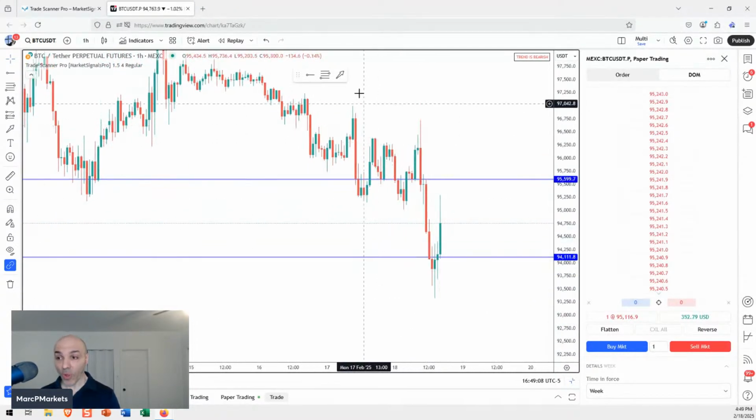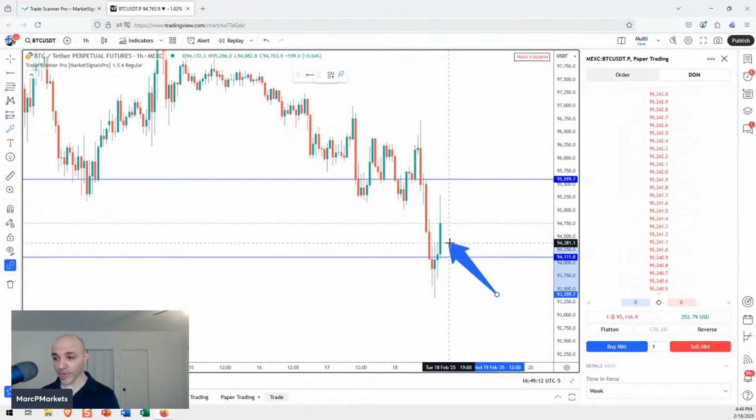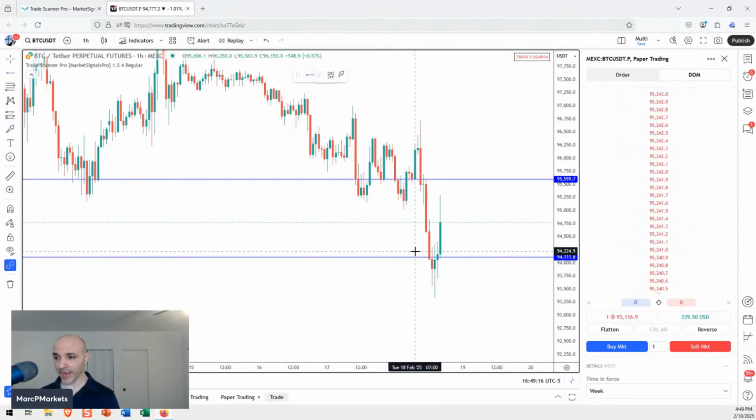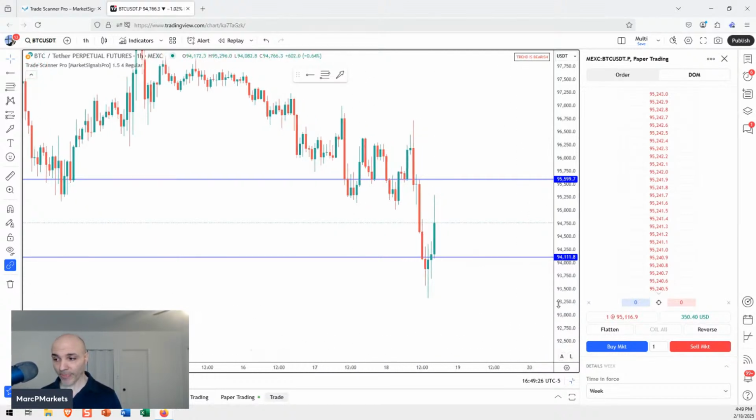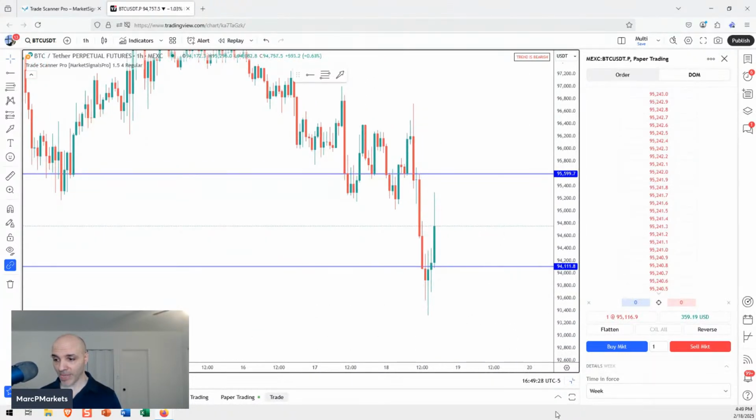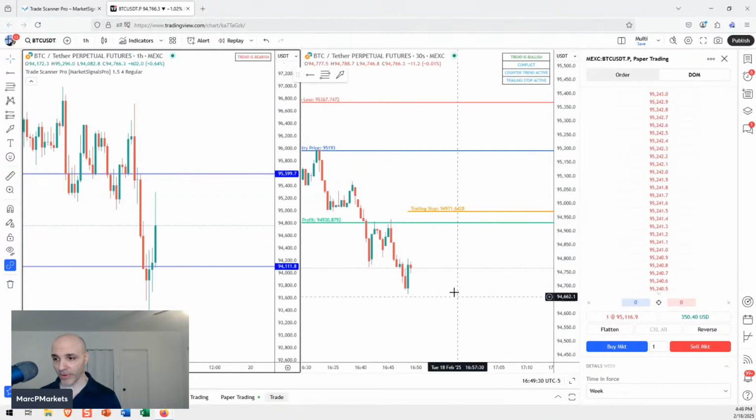Now, this also may produce a higher low somewhere in here, typically around here somewhere, okay? Like around here. It may produce a higher low on smaller time frames. If it does that, I don't want to see that as a short. So that would prompt me to get out, or if my trailing stop gets touched, I'm happy to get out.